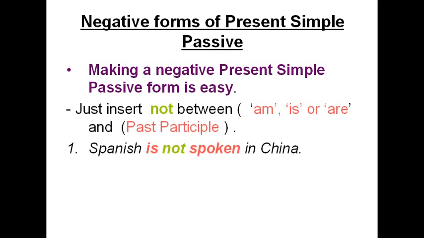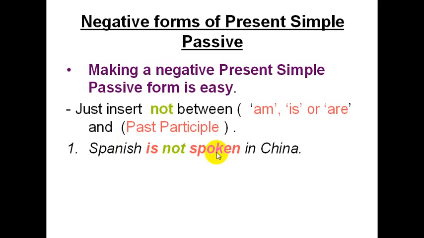Spanish is not spoken in China. So I want to make a negative. What did I do? I just inserted not between verb to be and past participle. Is not spoken. Spoken here is the past participle of the verb speak.